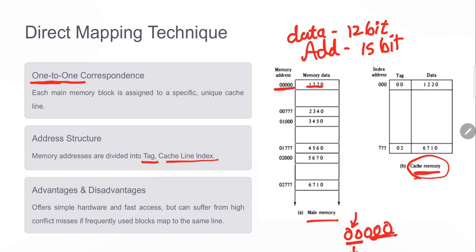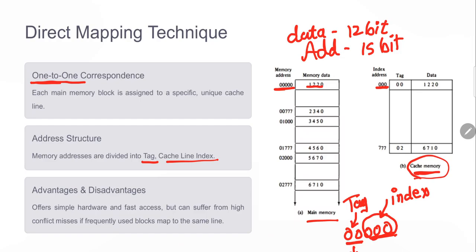When I want to store this data 1220, its memory address is 00000, so it is divided. Now the last 3 digits, 000, are considered as the index, so that is available here, index 000.